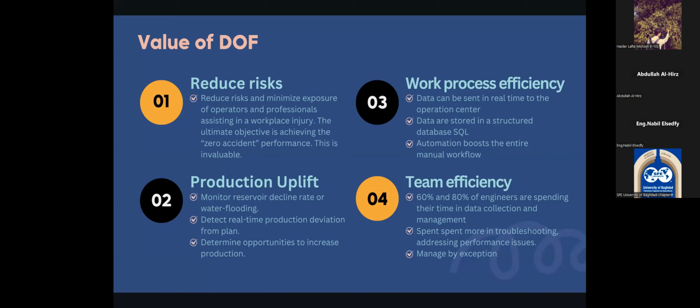So the more automated workflows that you have, the more work process efficiency you get from your field. At the end, the more production uplift and the more reduction in the OPEX, the yearly cost of your field.